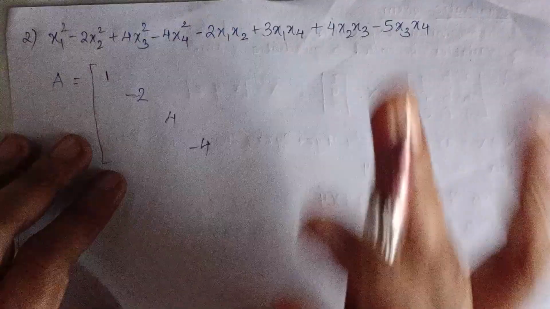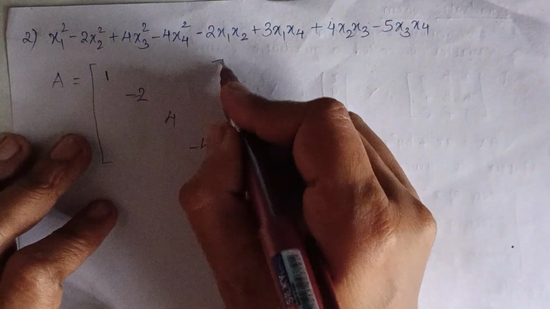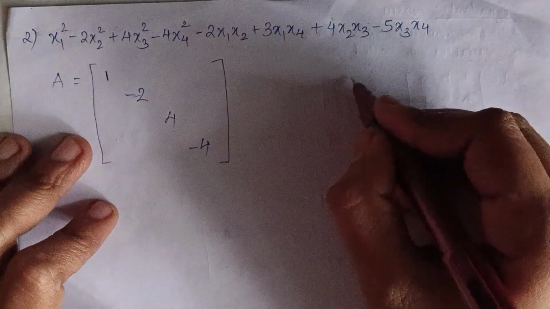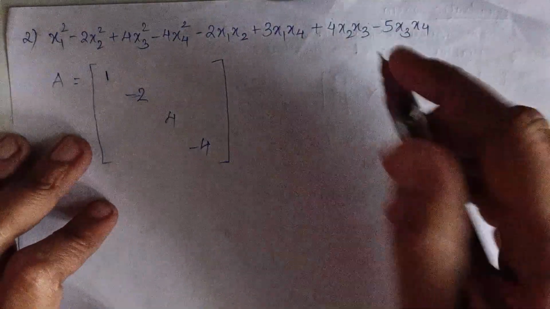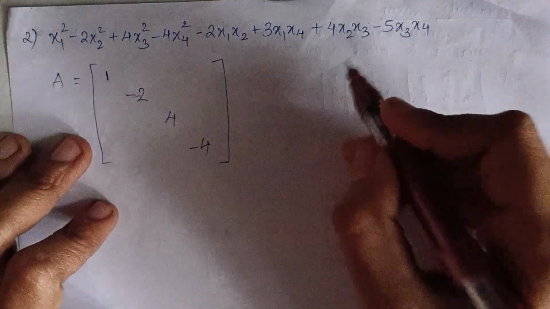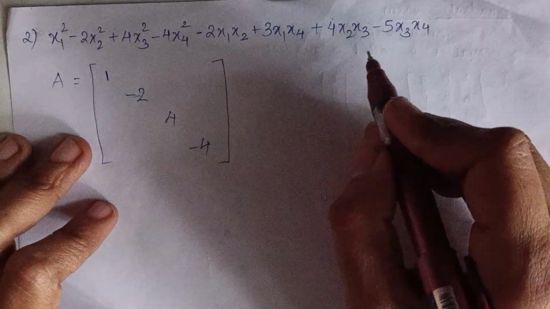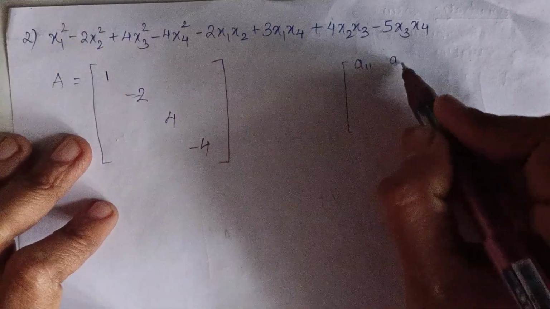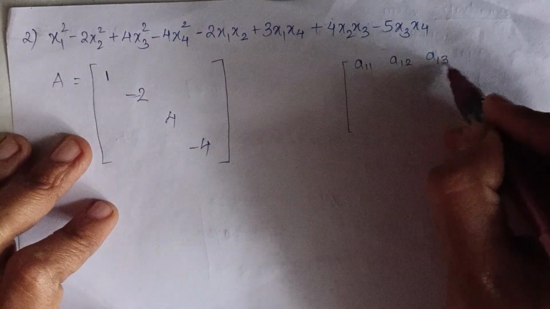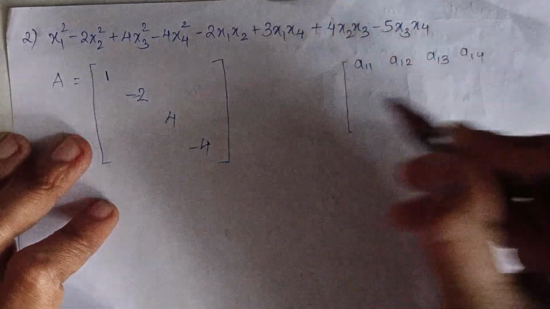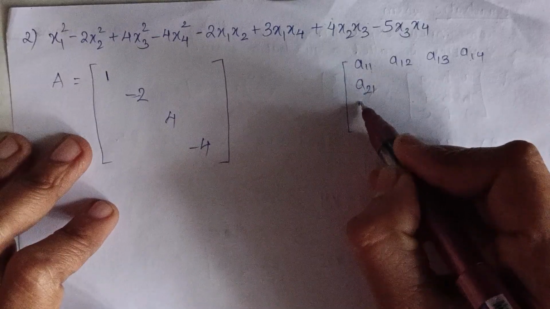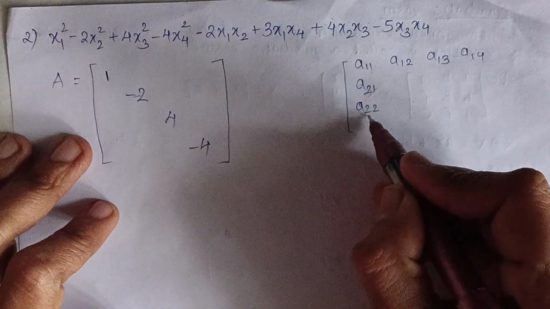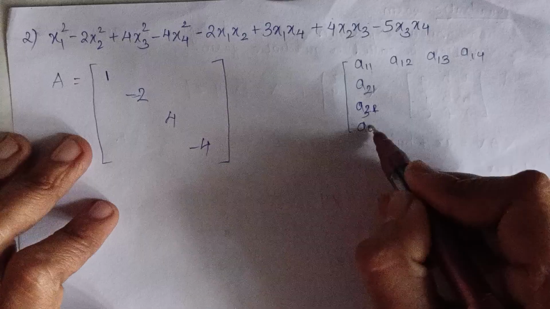Now, this is a 4 by 4 matrix, right? So in general form, how do we write? A11, A12, A13, A14, and here it is A21, A22, A31 and A41.